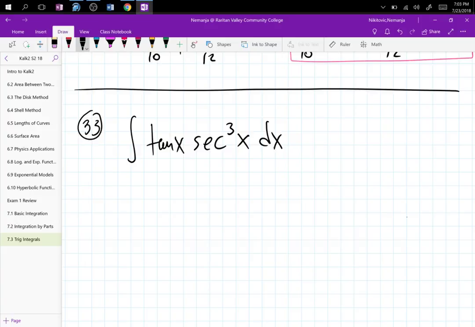See what you can do here. Most likely you're going to miss it on the first shot, but that's okay.